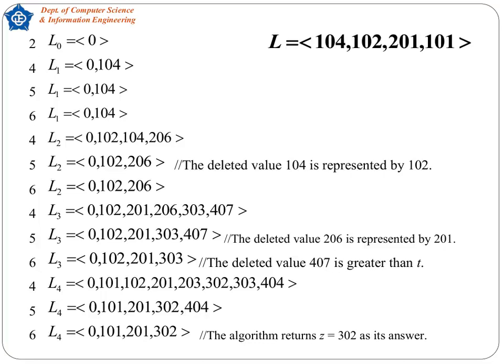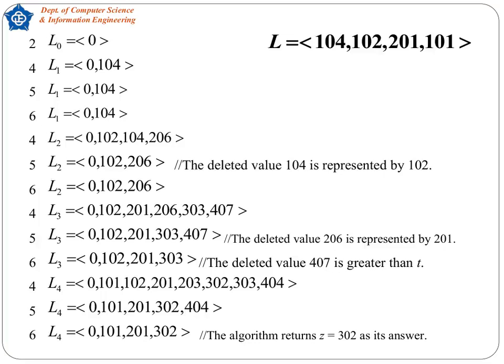Continuing from our previous slide, we now process the input list L equals 104, 102, 201, 101 by building partial sum lists, L0 through L4. At each step, we merge in the next element, then prune any sums that are dominated or exceed the target. 1. L0 starts as 0. 2.